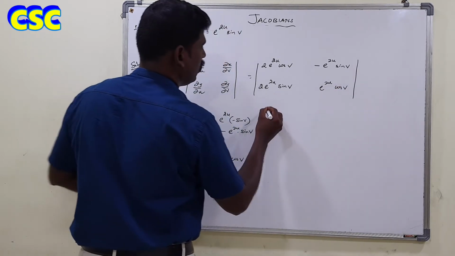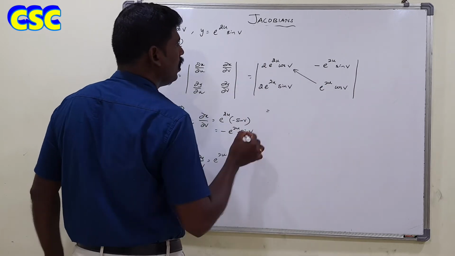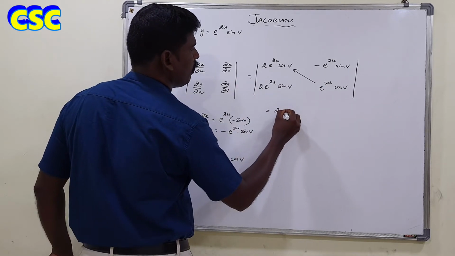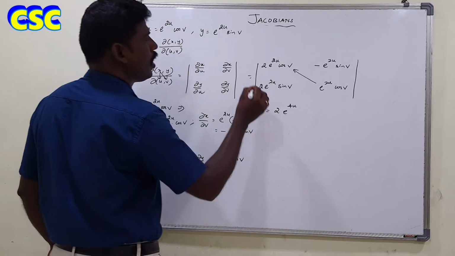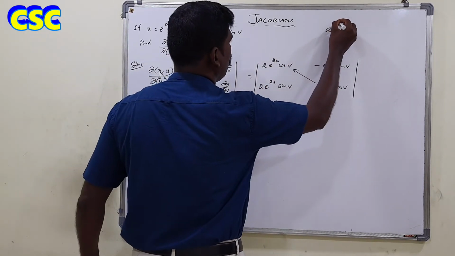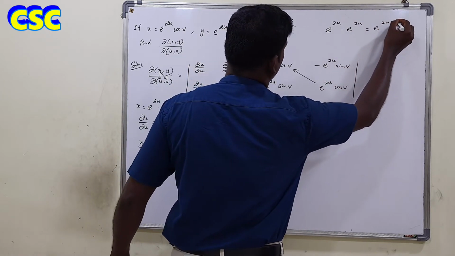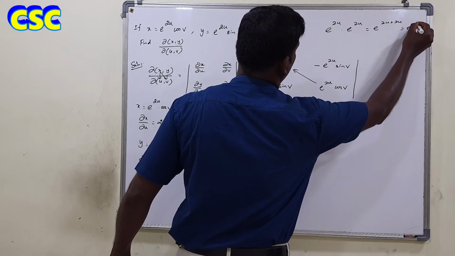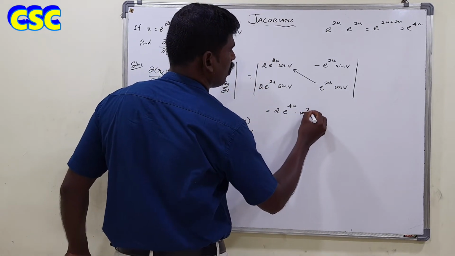Taking the determinant value by cross multiplying these two terms: 2 e power 2u into e power 2u. In a product of exponentials, the powers should be added. So e power 2u plus 2u is e power 4u. So 2 e power 4u into cos square v.